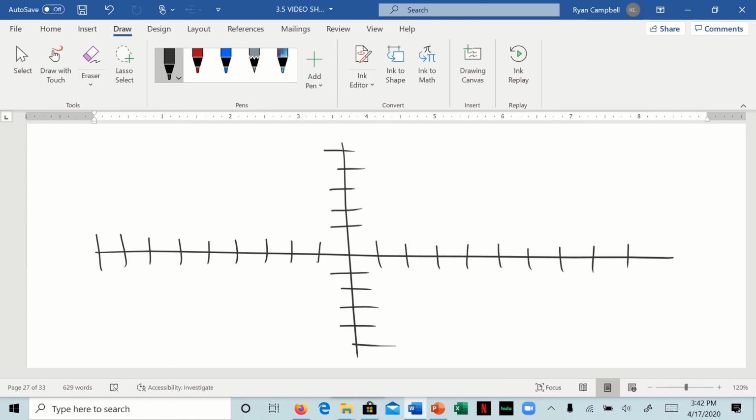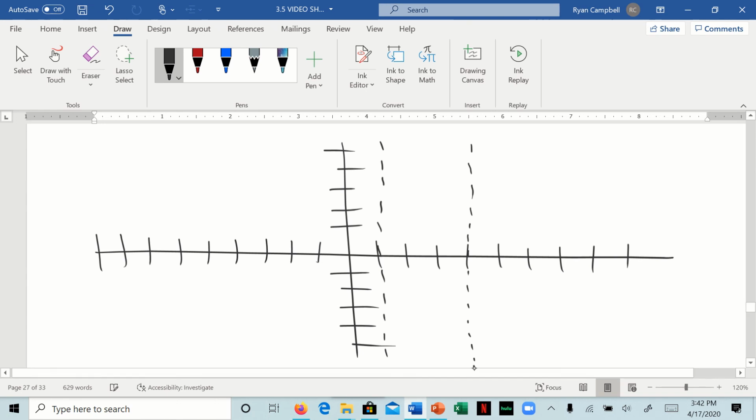Okay, so let's just start with number 1. We'll do everything. We won't skip around like I did last time. Okay, so we have vertical asymptotes at x equals 1, at x equals 4, and x equals negative 4.